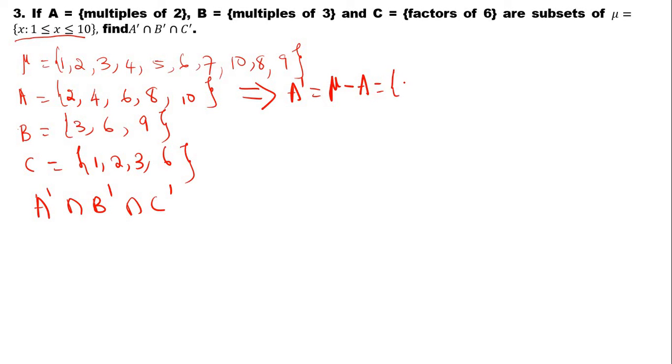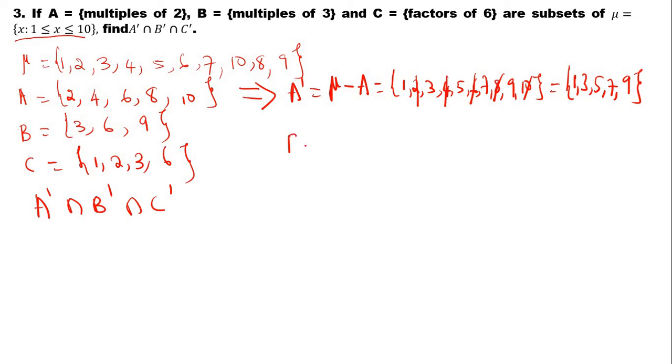We have 1, 2, 3, 4, 5, 6, 7, 8, 9, 10. If we take off A from it, which is 2, 4, 6, 8, 10, the remaining will be 1, 3, 5, 7, and 9.